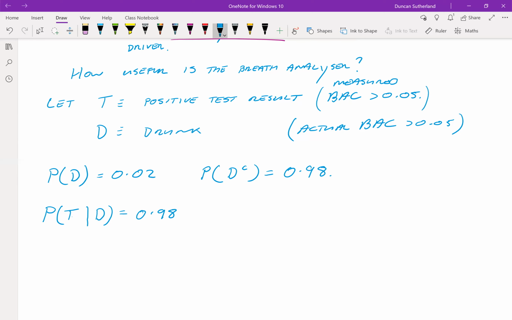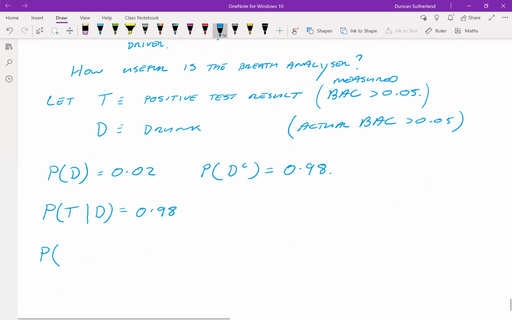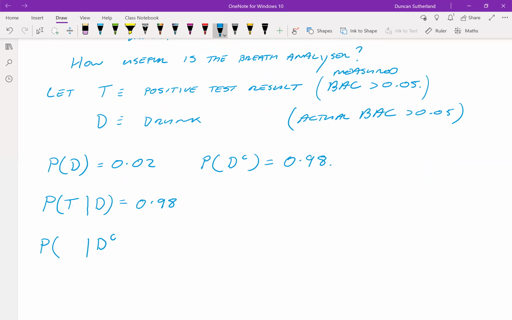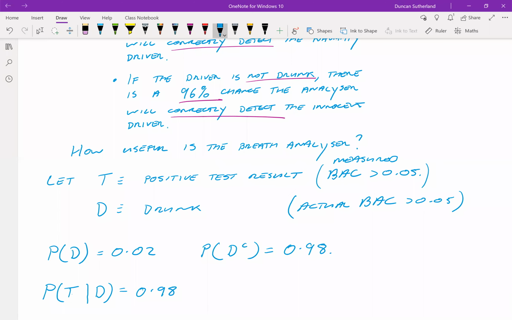All right. The other conditional that we're given is the probability of, given not drunk, that the test result is negative now.